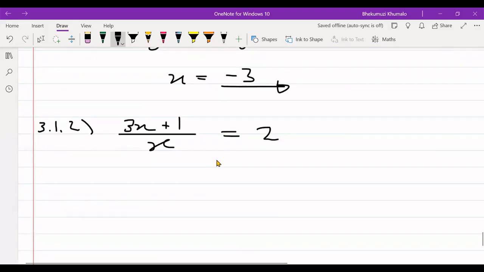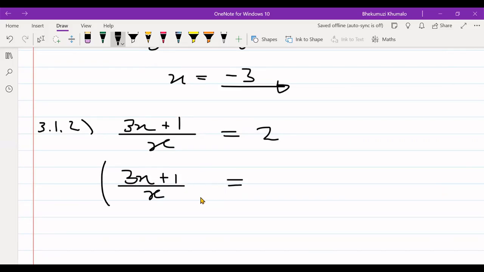Okay, so this one here, it's a fraction as well. But now the thing is, we have x underneath, but we still apply the same method that we'd usually use when finding the lowest common denominator. And in this case, I would say we have 3x plus 1 over x, right?